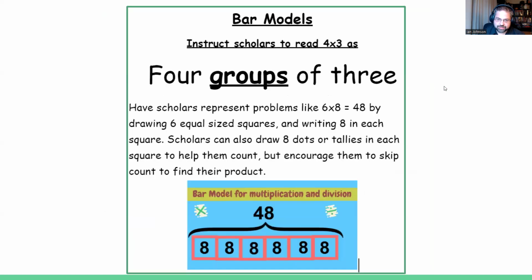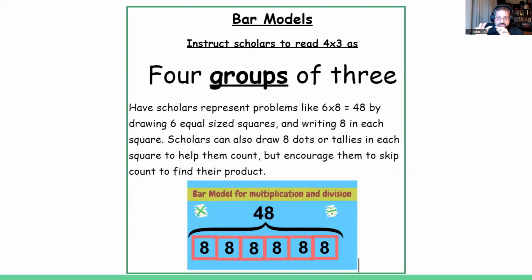Next up, we have bar models. Again, this is 4 groups of 3 for 4 times 3. You'll have whiteboards, and have them draw little squares that are as equal in size as you possibly can get. For instance, if you have 6 times 8, you'll have 6 groups of 8.